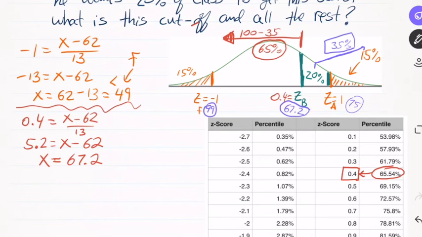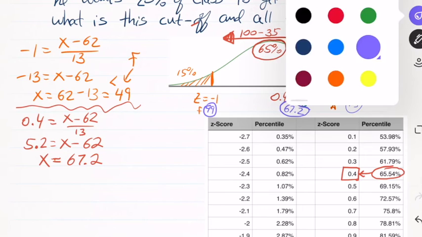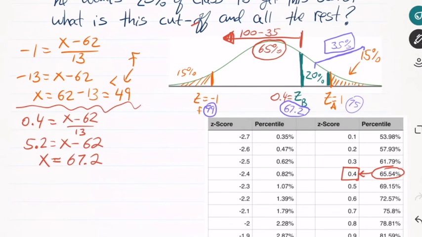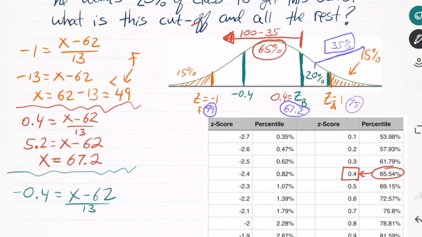Now to find the grade associated with a D would be on the other side of the curve over here. Let's put it there. And its z-score would be negative 0.4. And this will be the last one I need to find. So negative 0.4 is equal to x minus 62 over 13. If we multiply both sides by 13, you still get 5.2.